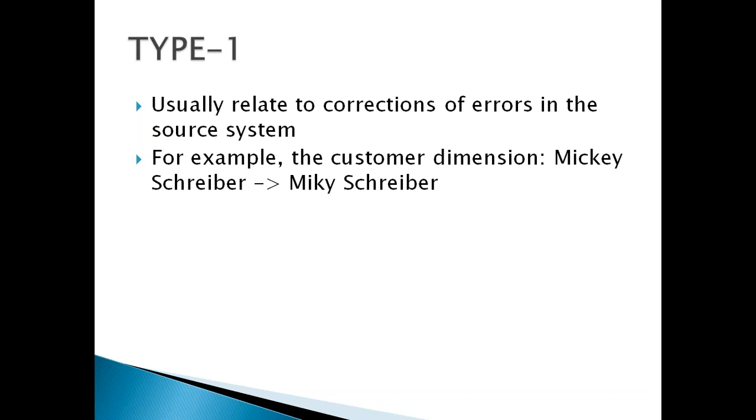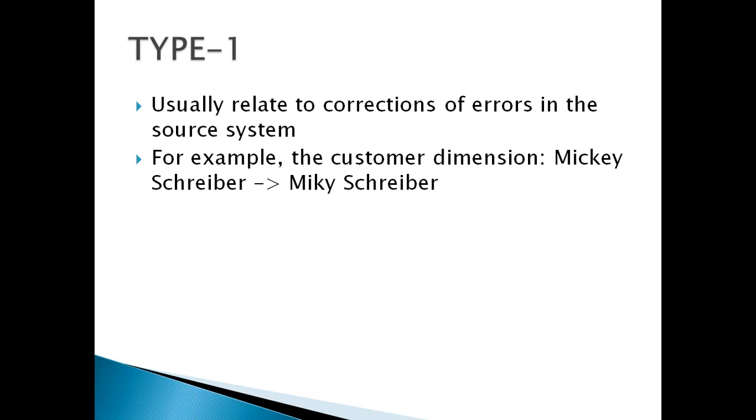The new value should override the old one here, right? Because there is no necessity that we need to maintain the misspelled data. We don't need it at all. There is no use of it. So we will discard that value and it will be overridden by your new value. Whenever you do such kind of updation, then that is called type 1 SCD.